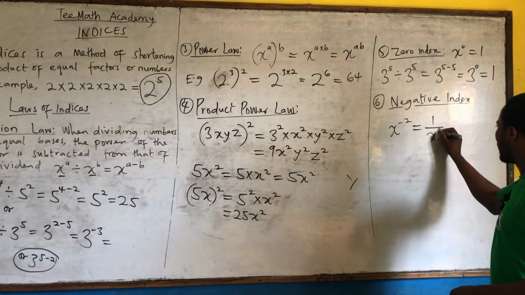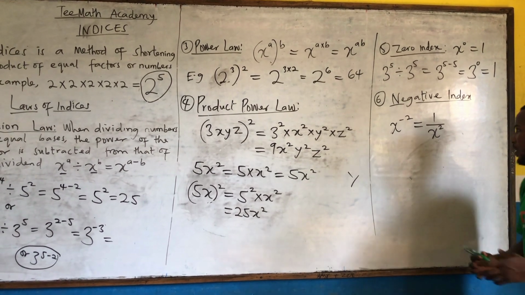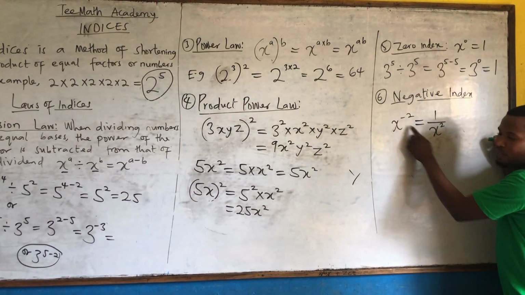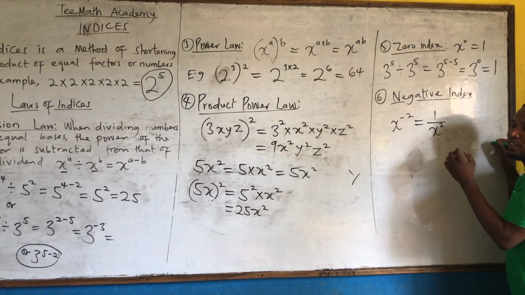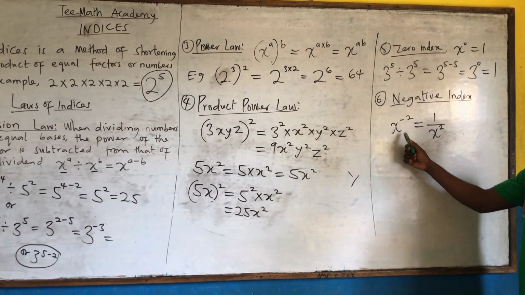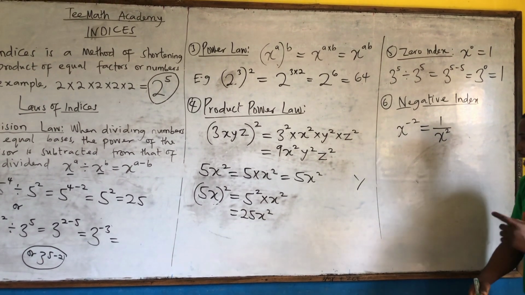That is x squared. That's what it means. In other words, whenever we come across a negative index, we need to change it. And how do you do that?